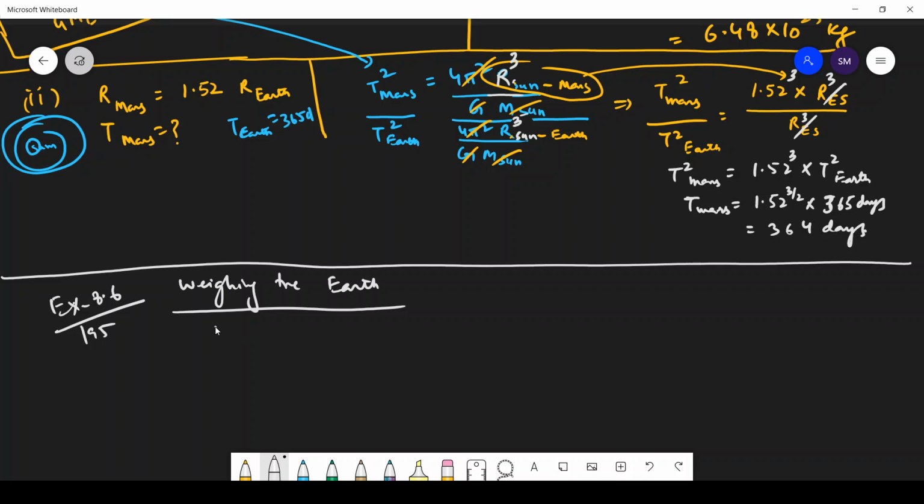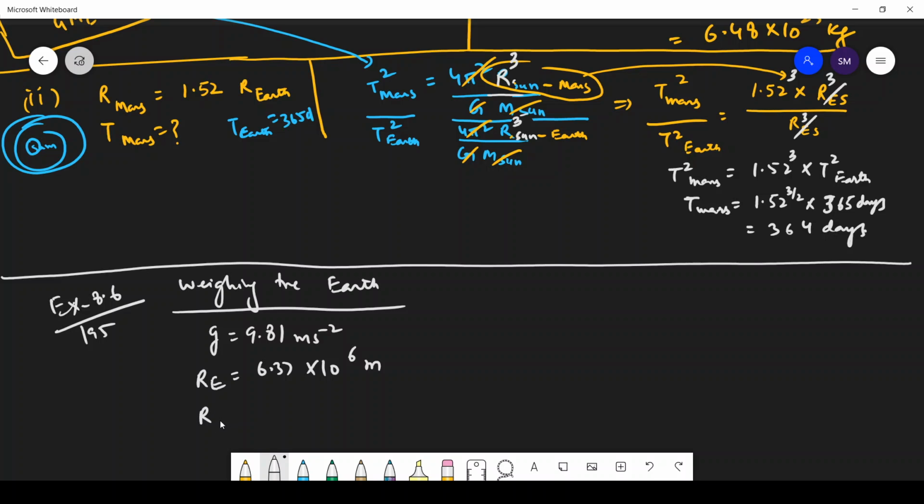So we have the following data. g is equal to 9.81 meter per second square. We have the radius of Earth, equal to 6.37 into 10 to the power 6 meters. We have the distance to the Moon, so that's our orbital radius.